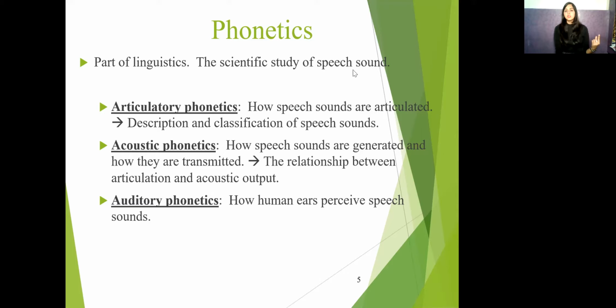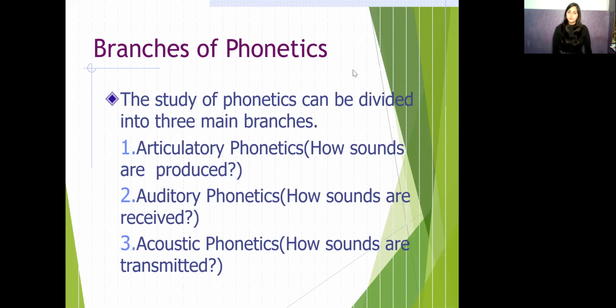So the first one is how they are produced, the history or description about speech, known as articulation. Acoustic is how it is generated, born and then transmitted. Auditory is how the ear, or we, are receiving the speech.